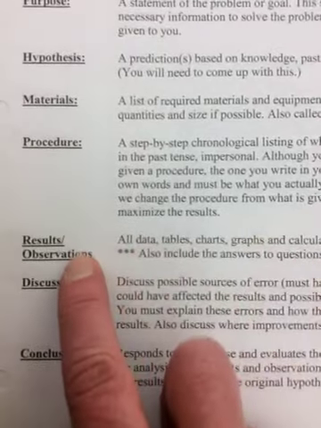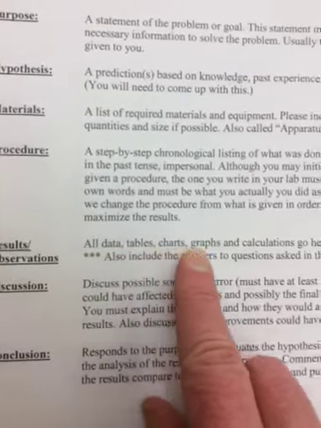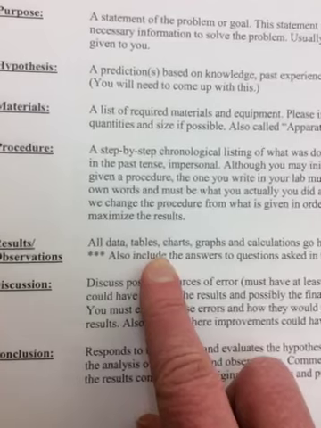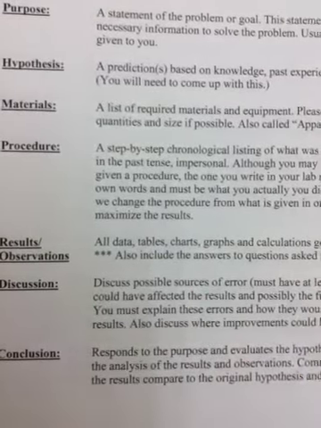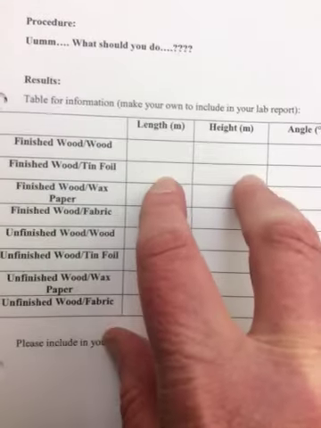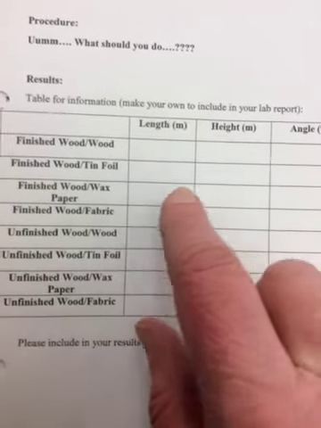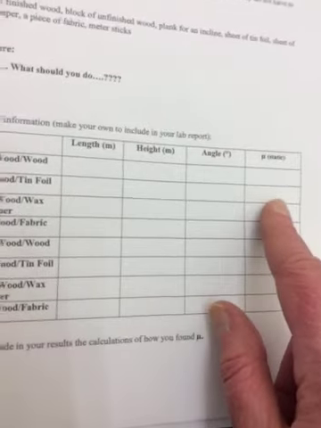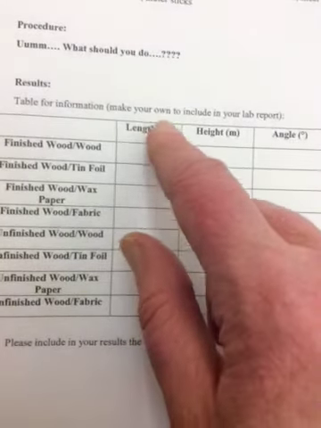The next one is the results and observations. So here go all the data, the tables, the charts, the graphs, and the calculations, as well as any answers to questions. In this lab, there are no questions. That won't always be the case. But your chart goes in there. Not this chart: in Word, you're going to insert and create a chart with 5 columns and 9 rows.